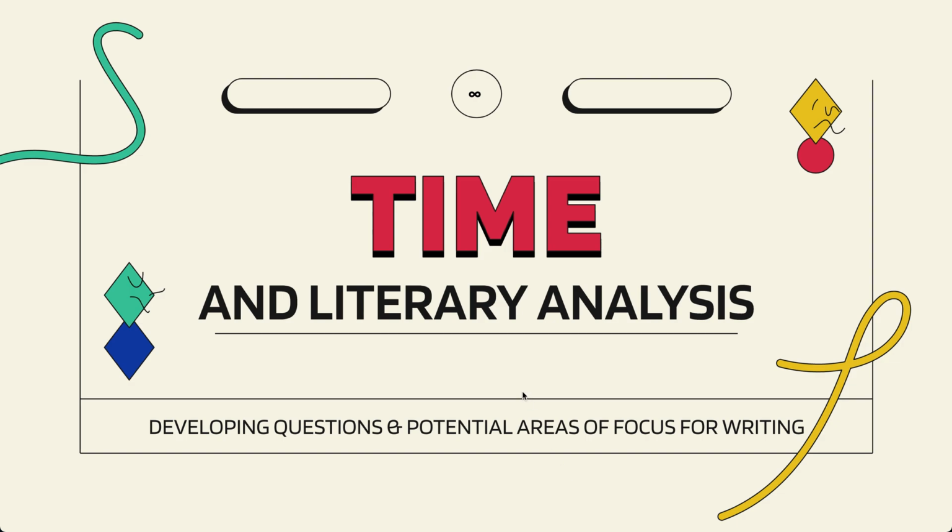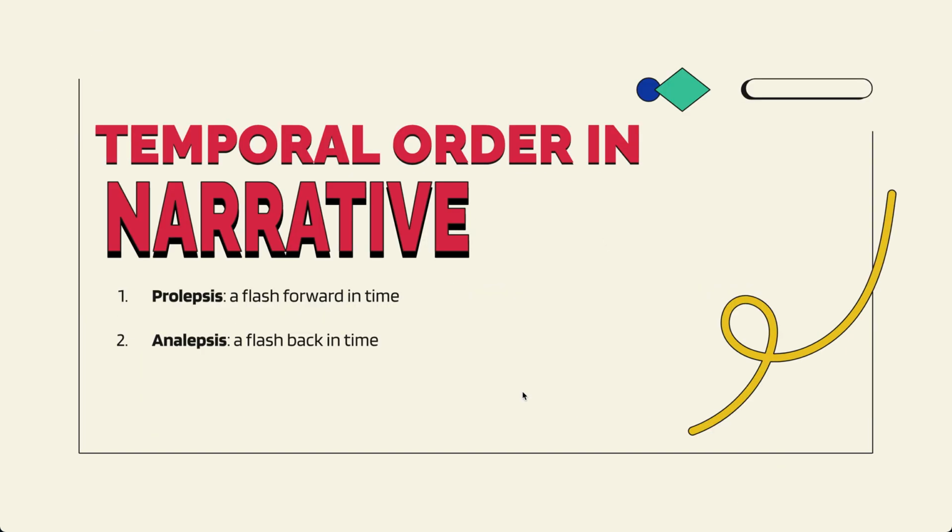What we'll do first is go through a few terms, the fancy literary theory terms, and then we'll see how we can take some of those terms and use them to focus some of our thinking and talking and writing. So let's start here with these two terms.